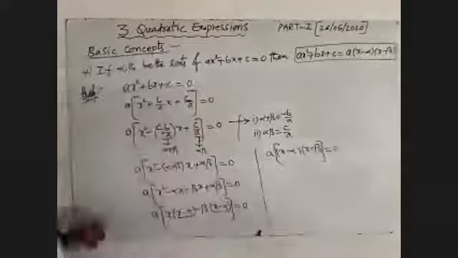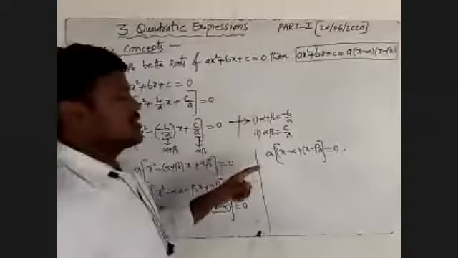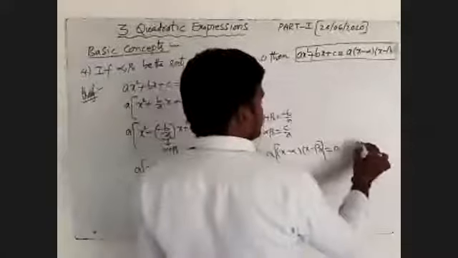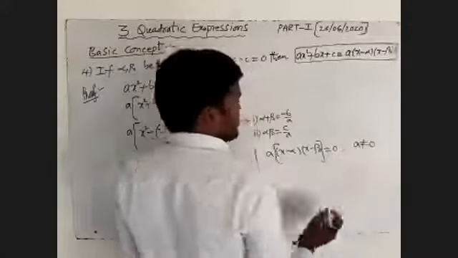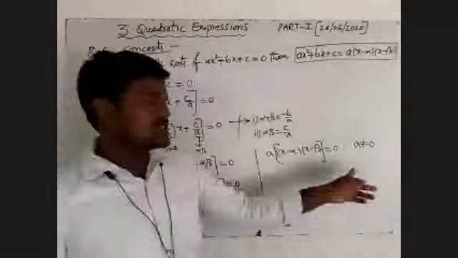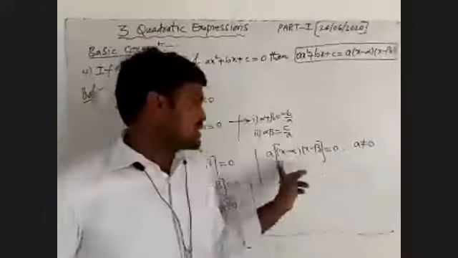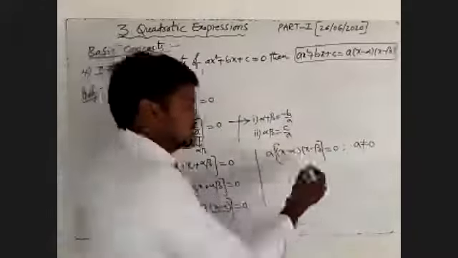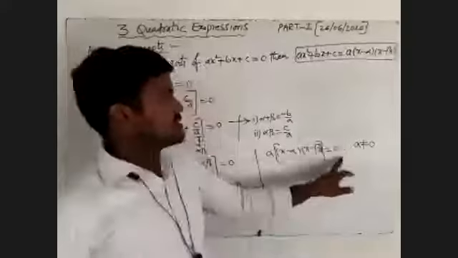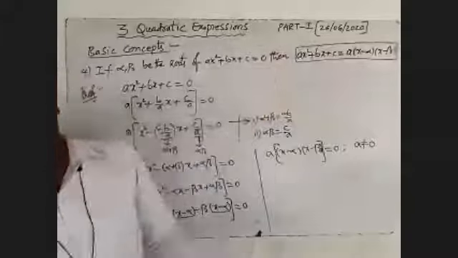In a quadratic equation ax square plus bx plus c, where a is always not equal to 0, the given condition is a into x minus alpha into x minus beta is equal to 0 and a does not equal 0. This is the proof of the given one.